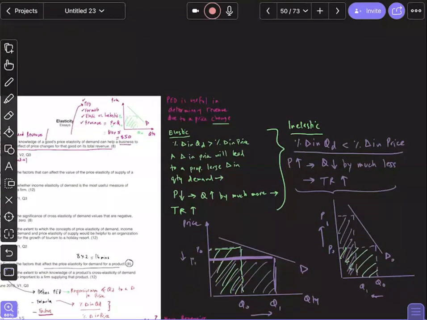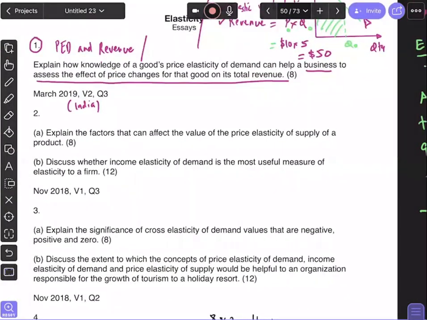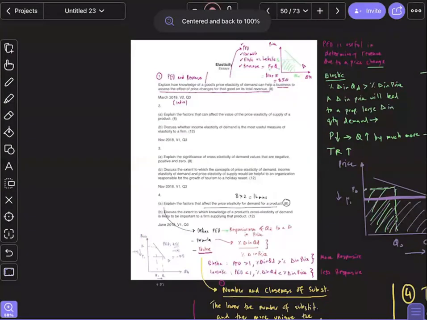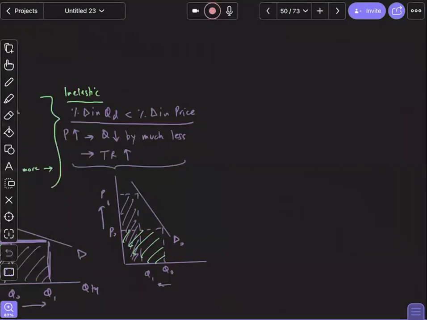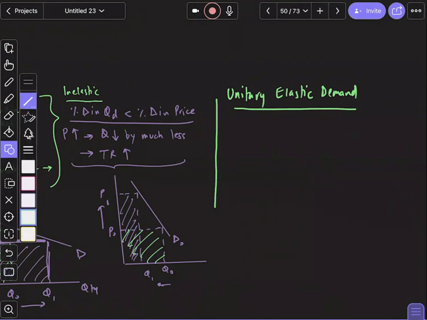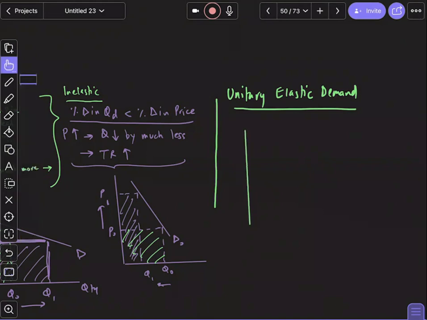And by the way, because they're asking to explain how the knowledge of PED can help you, you can say that, however, the last case you can talk about is a unitary elastic demand curve. What will happen if you have a unitary elastic demand curve? Anyone? Will it be a straight line? No, it won't be a straight line. Anyone else? What would happen to total revenue when you have a unitary elastic demand?